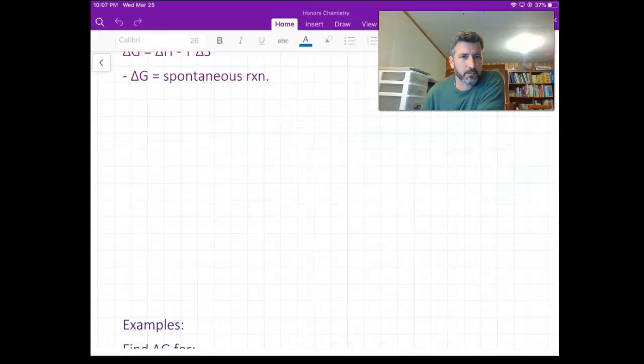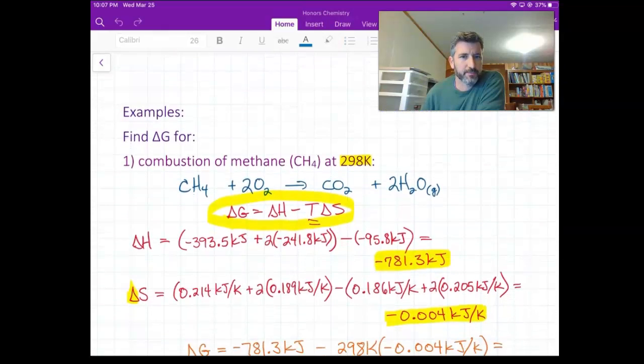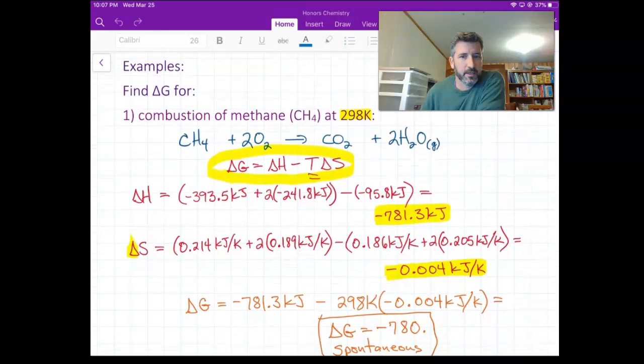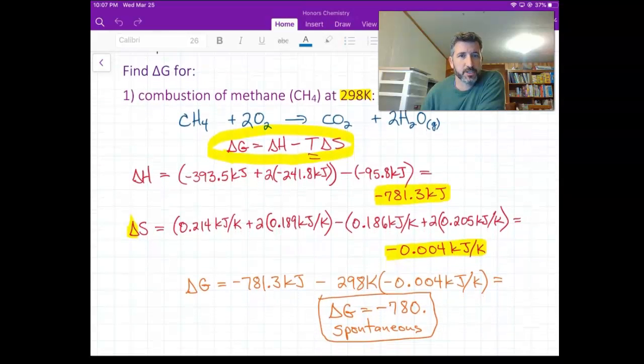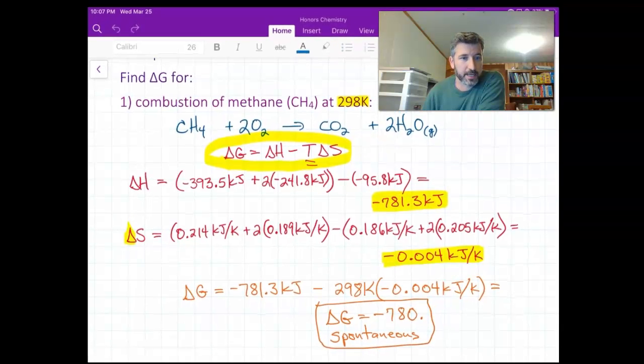Here's an example that I did in the video. We figured out that the combustion of methane is spontaneous, which is exactly what we would expect, because of course it doesn't take a lot of outside help to get methane to burn. It burns very much on its own with just a little bit of a spark to start it off.